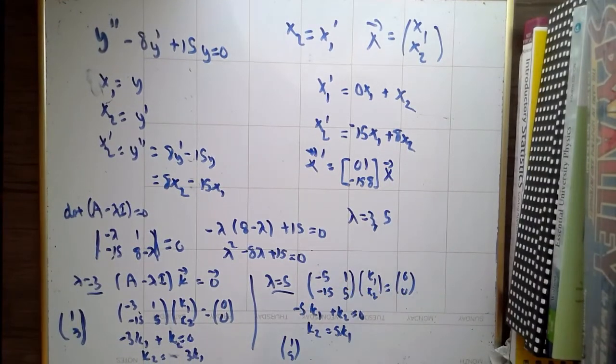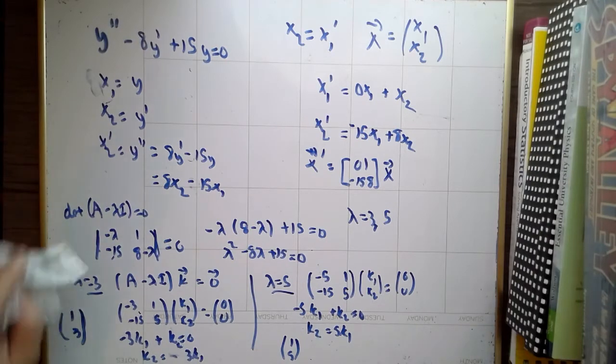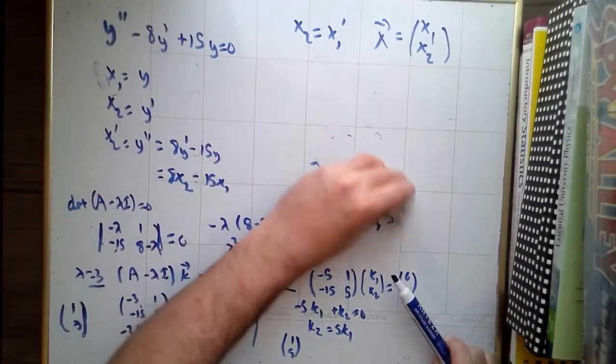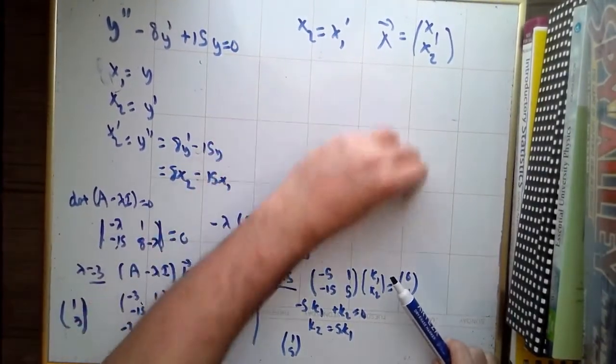Okay, now I have my eigenvalues, I have my eigenvectors, so I have my solution. So I'm going to clean all this up and move into here where I've got some space.